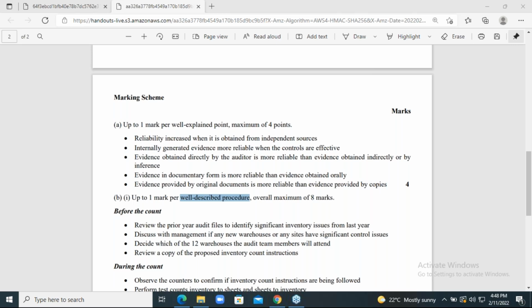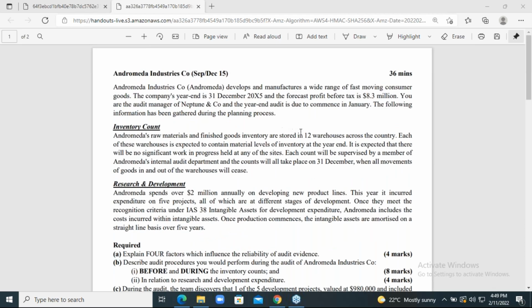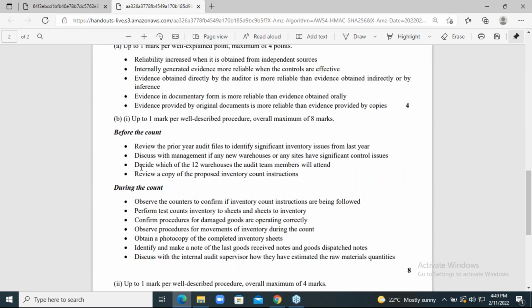So there is nothing special about application, and you don't need to use other things. If we go back to that example, this one: 12 warehouses across the country. When you write this procedure, decide which of the 12 warehouses the audit team member will attend.